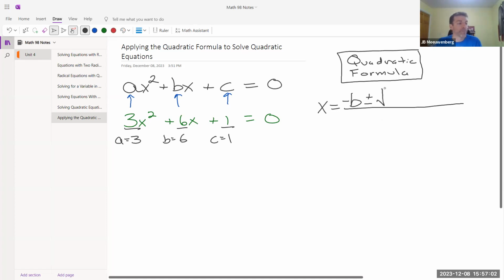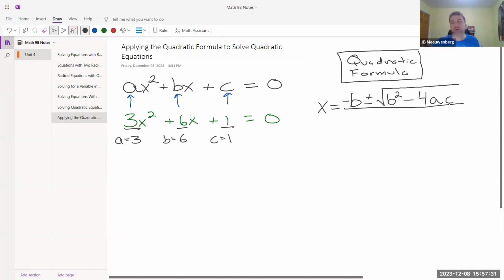Then we have a big radical, the square root of b squared, there's that b term again, minus 4 times a, the a number, times the c number. I use the dots to show multiplication. Often you'll see it written just as 4ac.